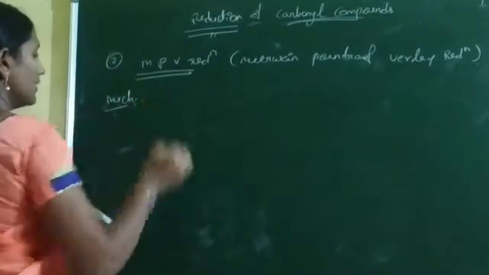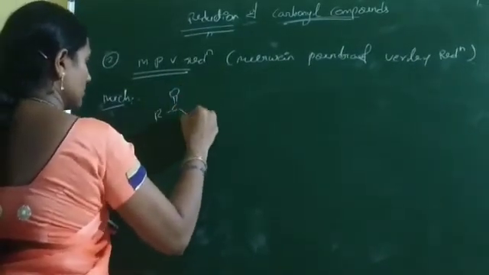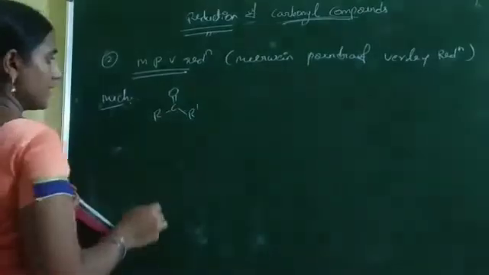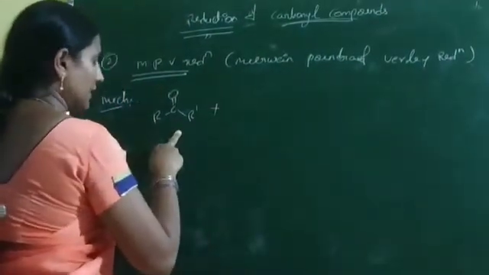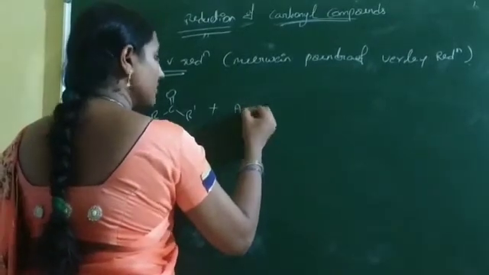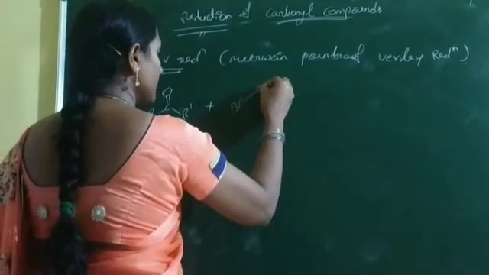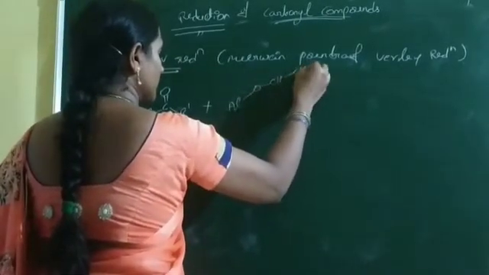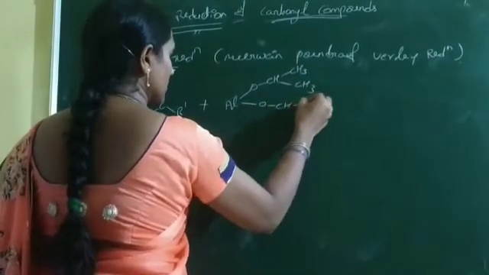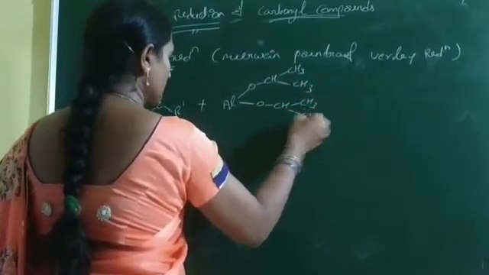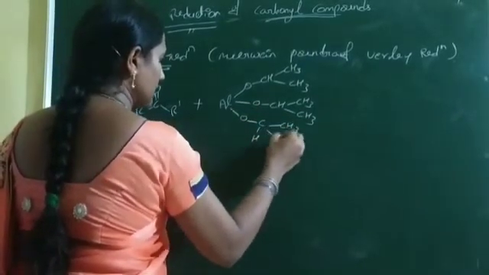Now write a suitable mechanism of MPV reduction. Let us take the reactant, the general ketone structure R, C double bond O, R dash. This ketone is treated with aluminium isopropoxide. Write the structure of aluminium isopropoxide: O, CH, CH3 and CH3, and again O, CH, CH3 and CH3.